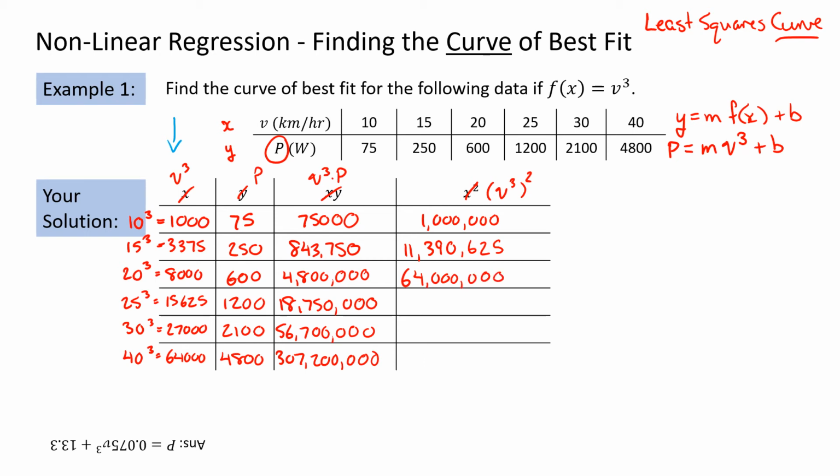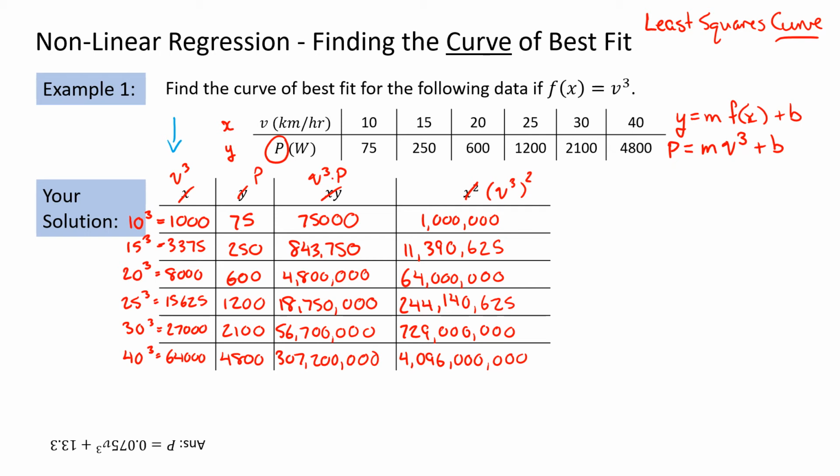Then 15,625 squared, which is 244,140,625. Then 27,000 squared, which is 729 million. Then 64,000 squared, which actually gets us into the 4 billion range. 4 billion, 96 million, 96 million, I should say.